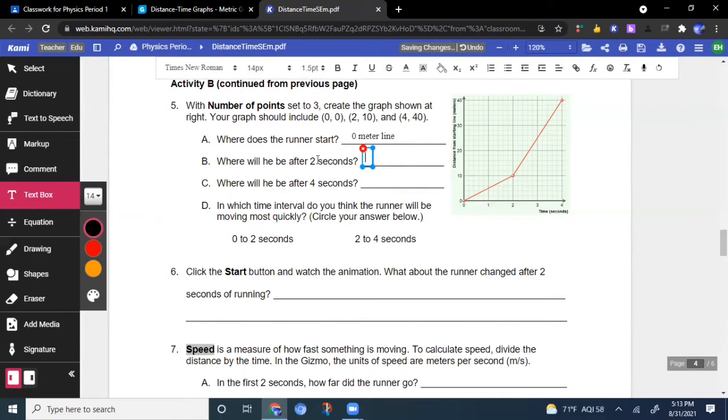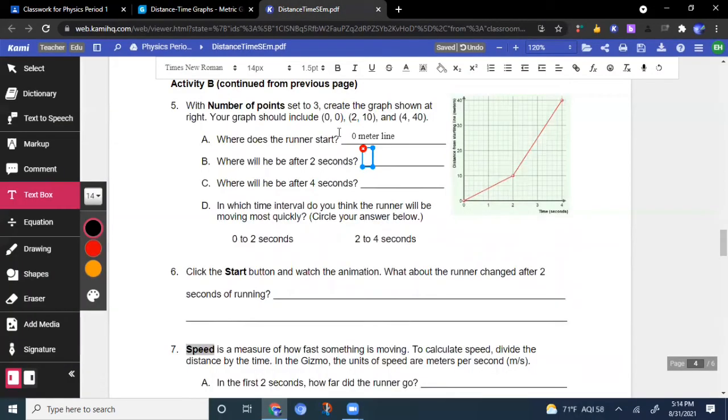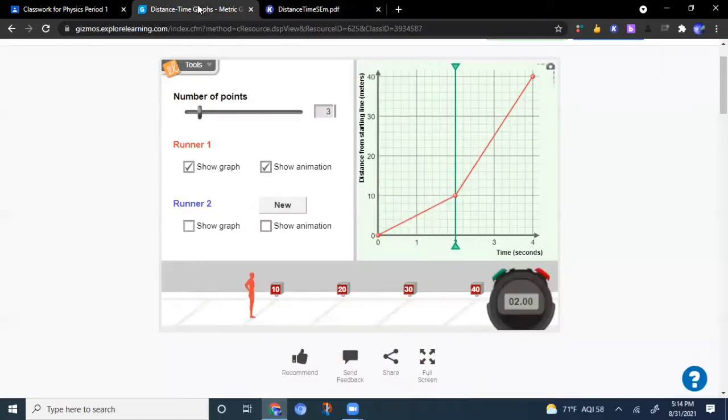Where will the runner be after 2 seconds? Well, the runner will be at 10 meters. Where will the runner be after 4 seconds? Let's see, we're all the way over here to 40 meters.